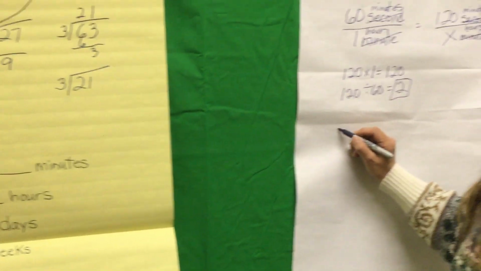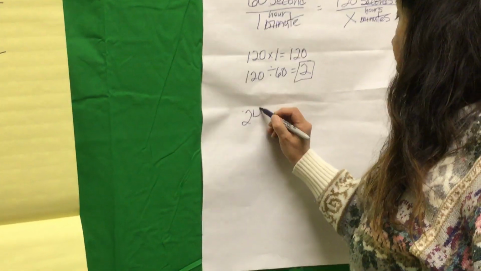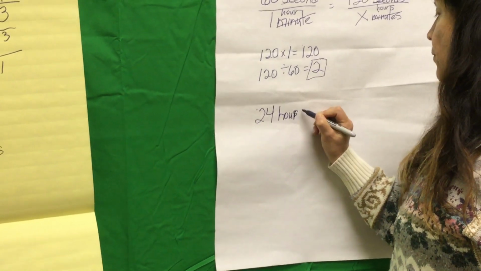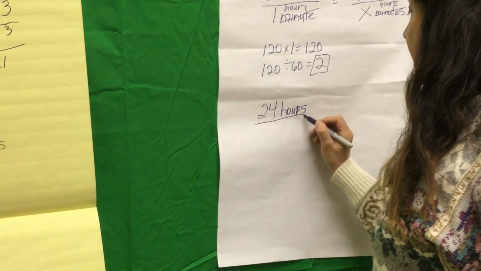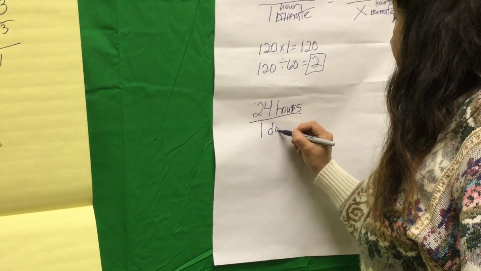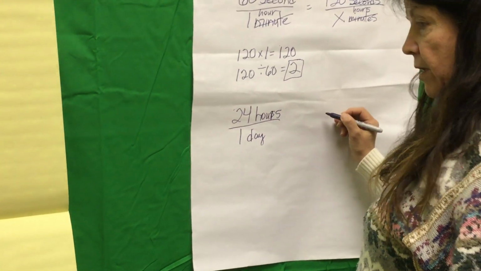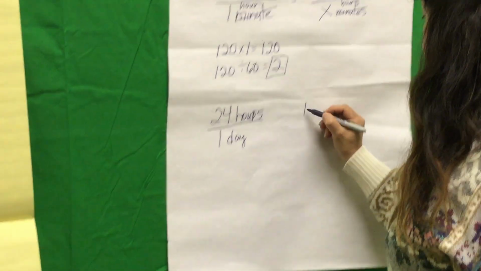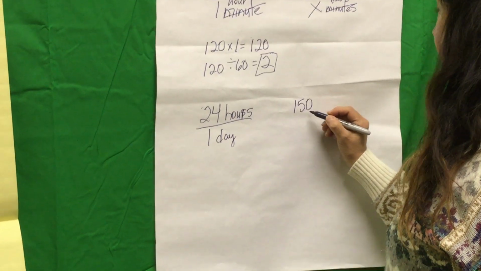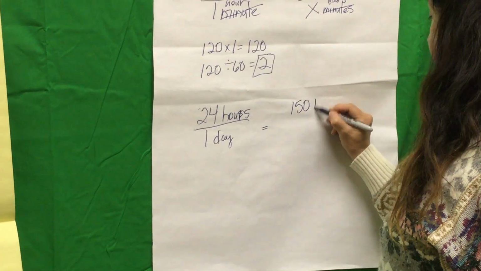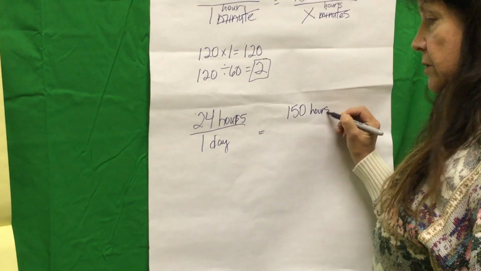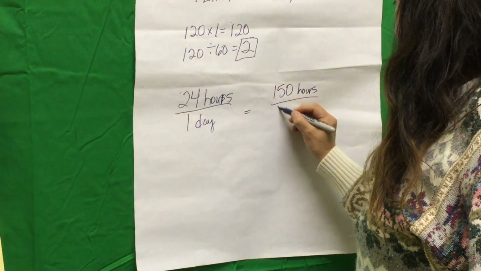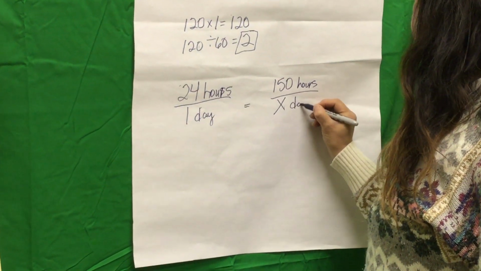So we get 24 hours in one day, and we're trying to find out 150 hours equals how many days?